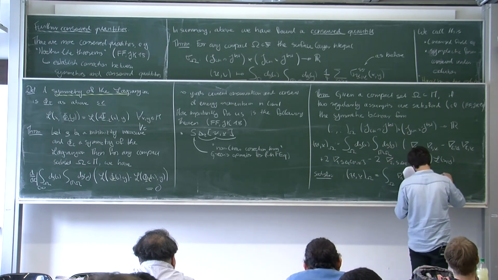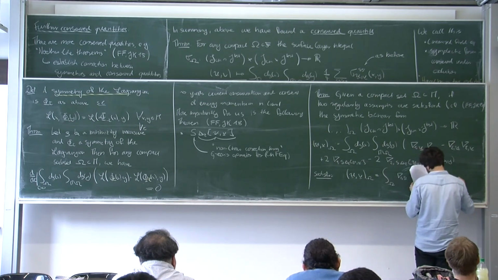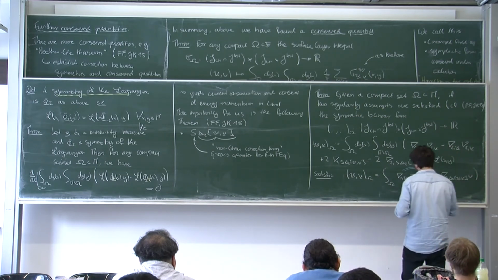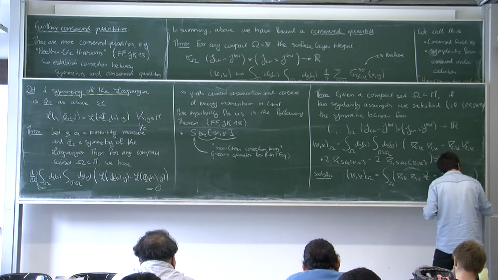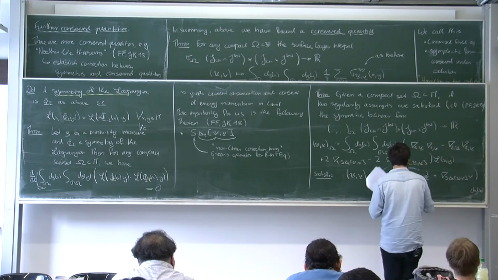Plus, and now I have the derivative nabla 2 of u v times nu. And then this whole thing integrated with respect to d rho of x. So there's an x dependence in those terms.